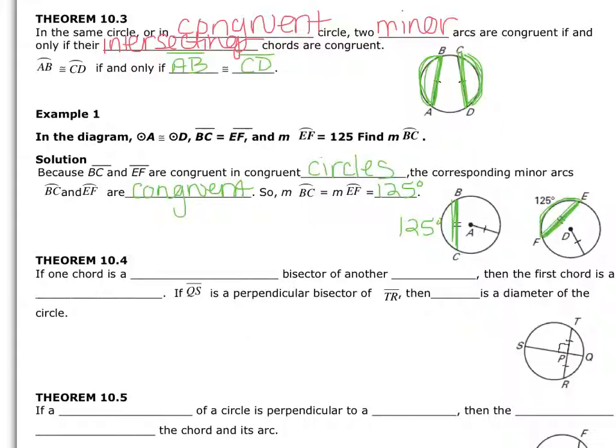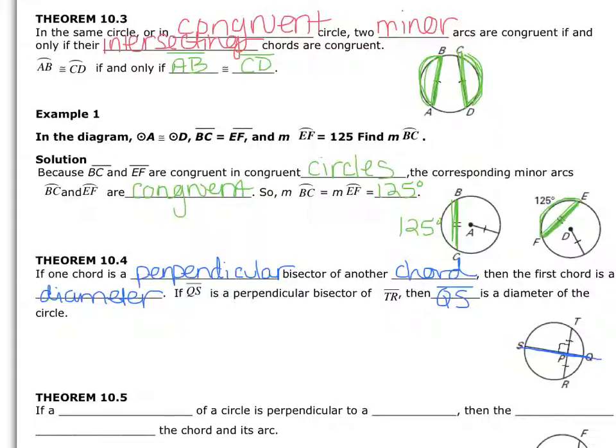Next theorem. If one chord is a perpendicular bisector of another chord, then the first chord is a diameter. So the chord that does the cutting and is perpendicular to the other one is the diameter. So if QS here is perpendicular to TR and it's the bisector of TR, then that means QS is the diameter.